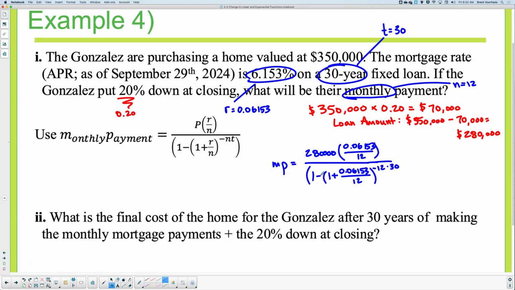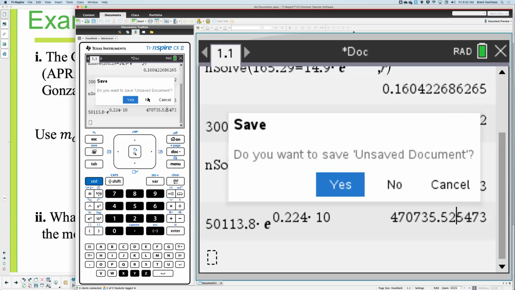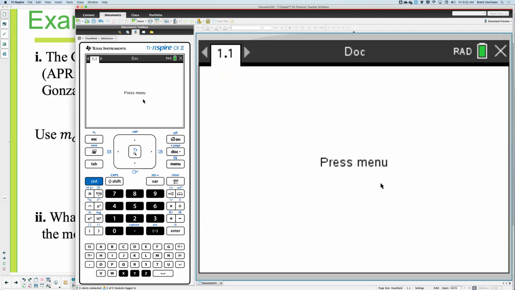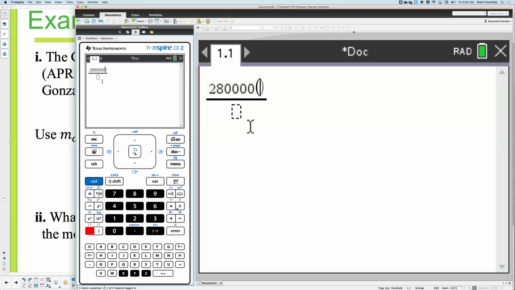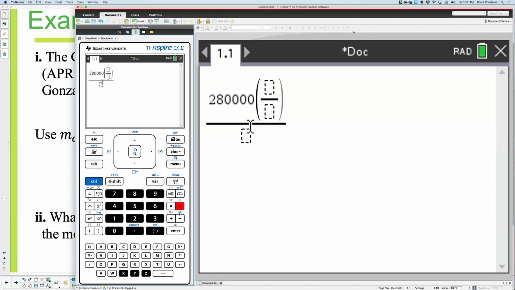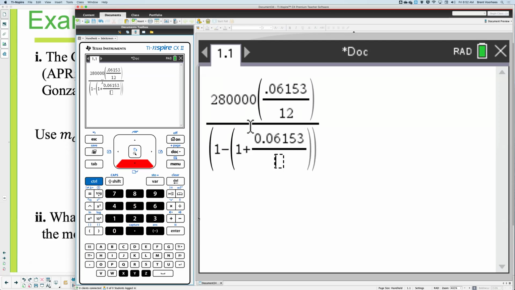So if we type that in the calculator and press enter, you can find out what the monthly payment will be. I'm going to do that now. All right, so our formula was 280,000 times the rate of 6.153% divided by 12, over parentheses 1 minus parentheses 1 plus the rate again divided by 12.